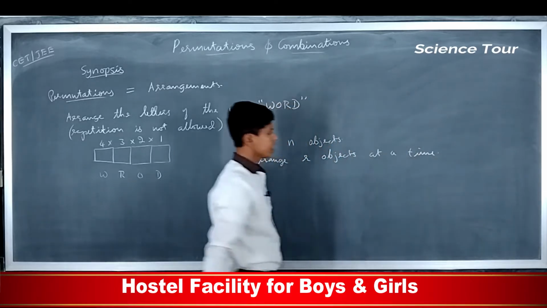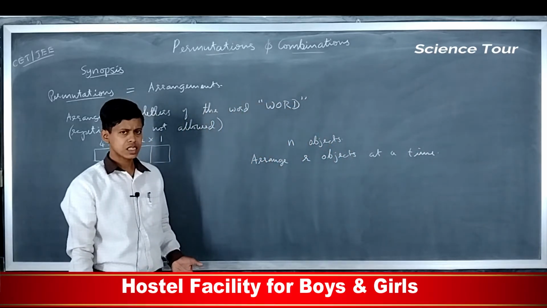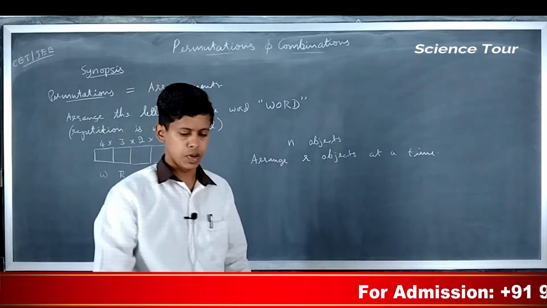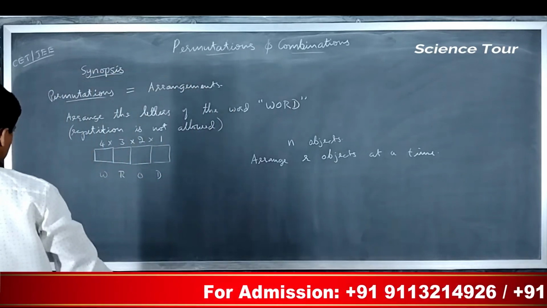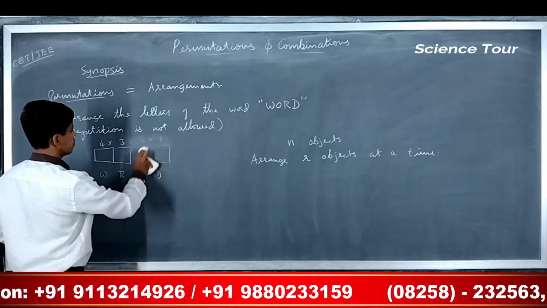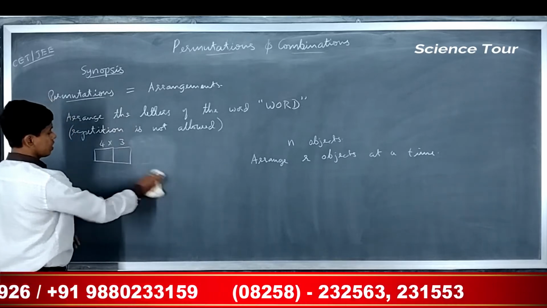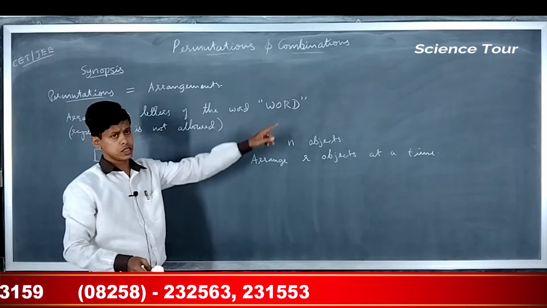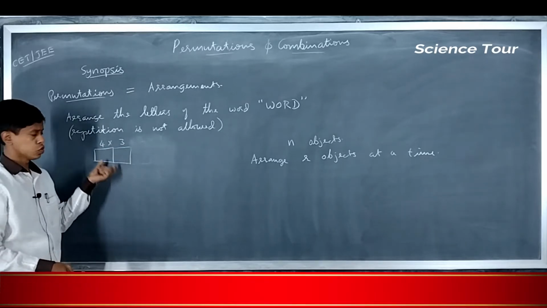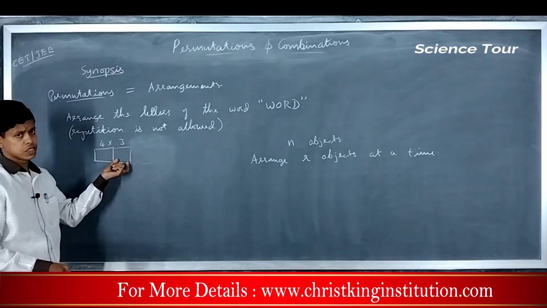So if you have to arrange r objects at a time, then how are you going to do it? Let's come back to the example. I just need a 2 letter word, all right. And how many letters do I have? 4 letters. So out of 4 I have to arrange only 2, so 4 options and 3 options here.